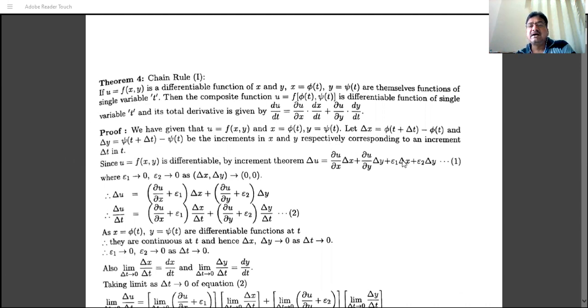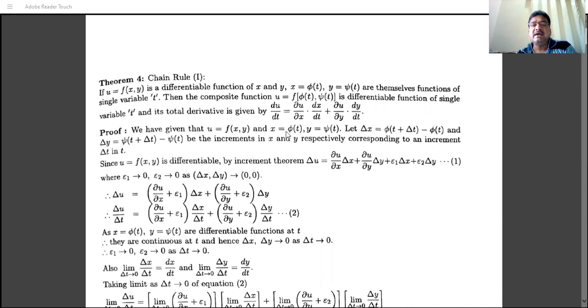Okay, so delta x and delta y are the increments in x and y, corresponding to the increment delta t in t. That is, if we increase t by delta t, then x is increased by delta x, and y is increased by delta y.